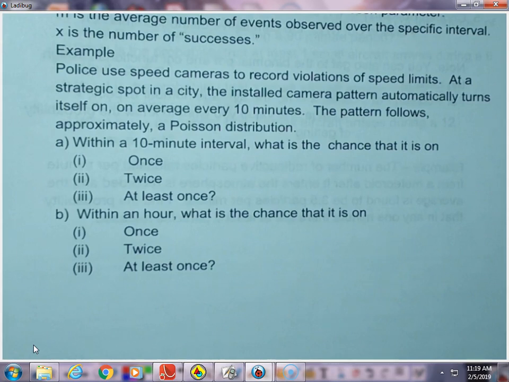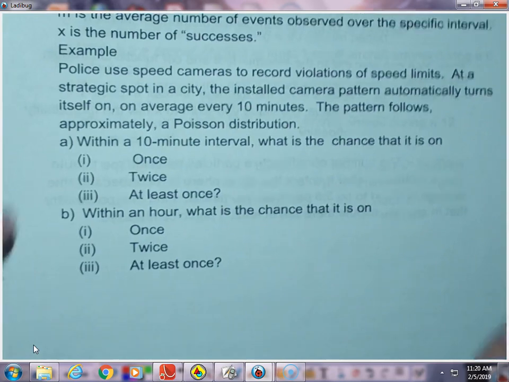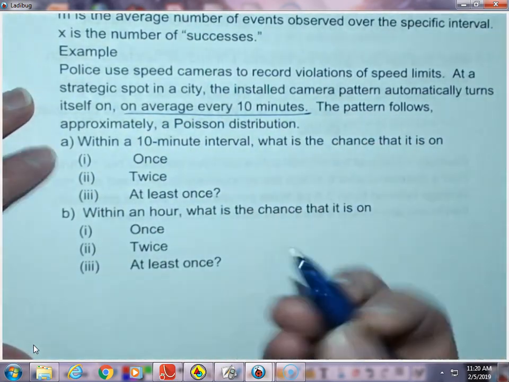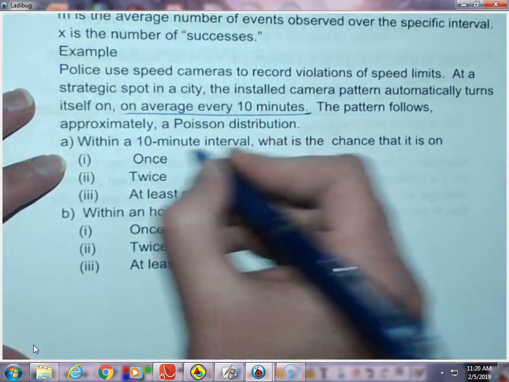So then it says, within a 10-minute interval, what is the chance that it is on once, twice, and at least once? So they did give us that the camera automatically turns itself on average every 10 minutes. So once every 10 minutes. Okay, so that means my average in a 10-minute interval is 1.